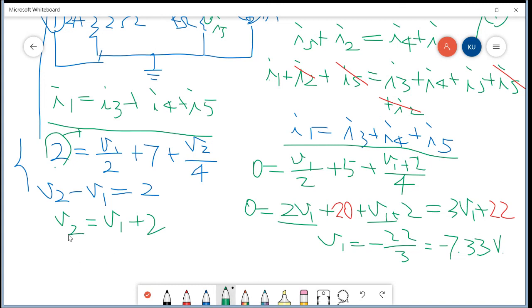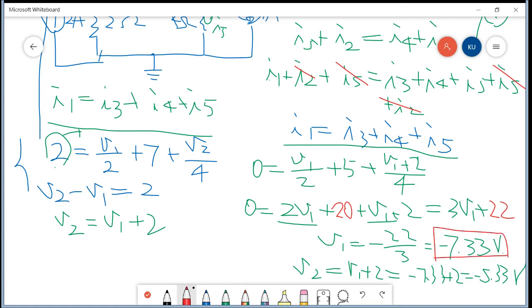And for V2, we can use this equation, which is V1 plus 2. So it will become minus 7.33 plus 2, which is minus 5.33 volt. So finally, we got the node voltages V1 and V2.